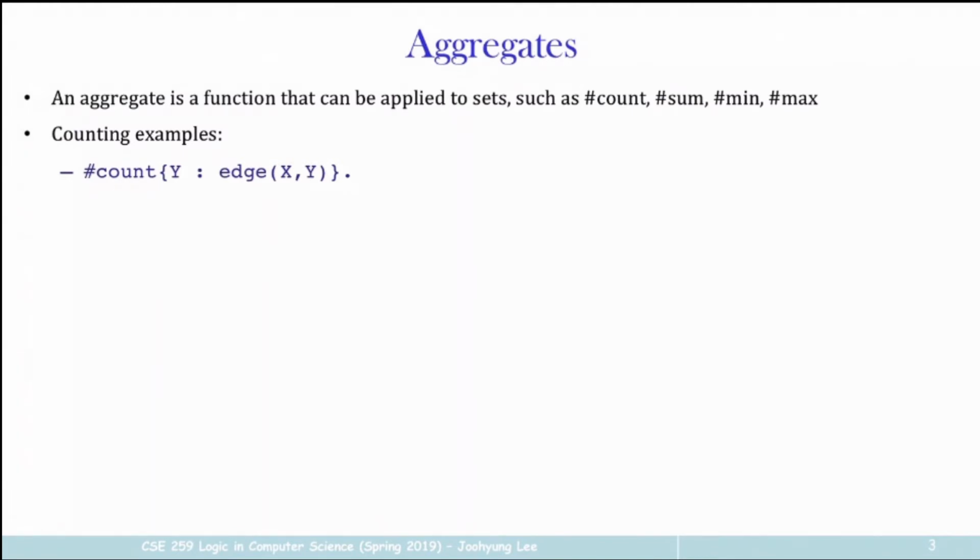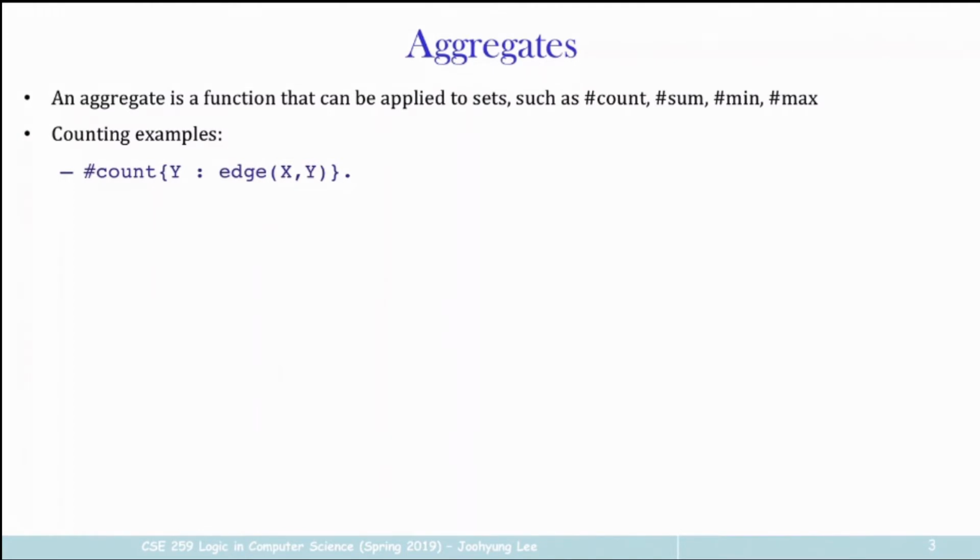So we actually did counting before using the lower bound and upper bound. But here this is actually counting the y values, or counting how many different y's are possible given that edge x, y is true. Okay, so this will return a number.